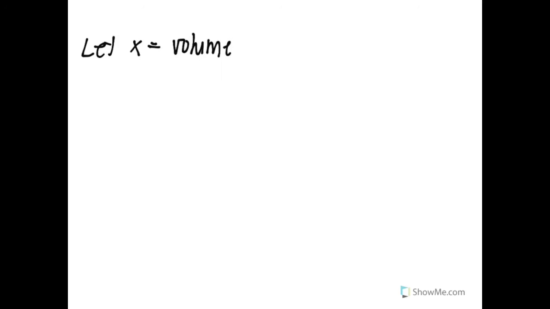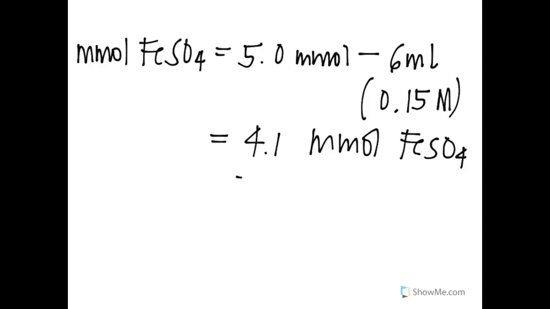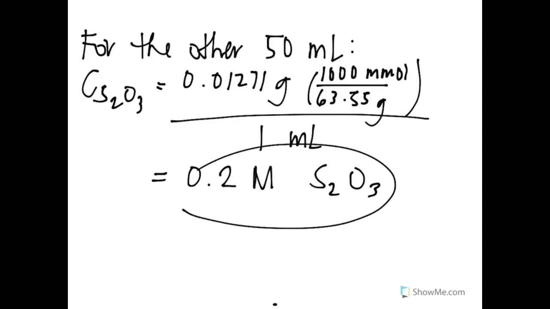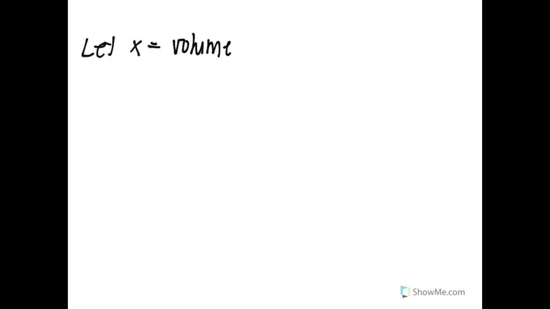Here we will get the millimoles of the Cr2O7 in terms of the millimoles we got of FeSO4 and the molarity of the S2O3. Let's first use the 4.1 millimoles of FeSO4.